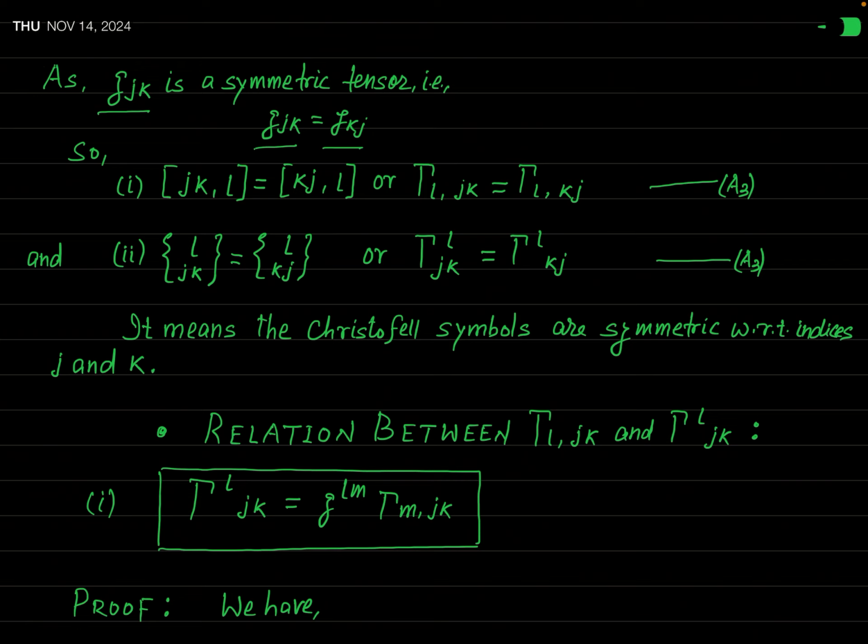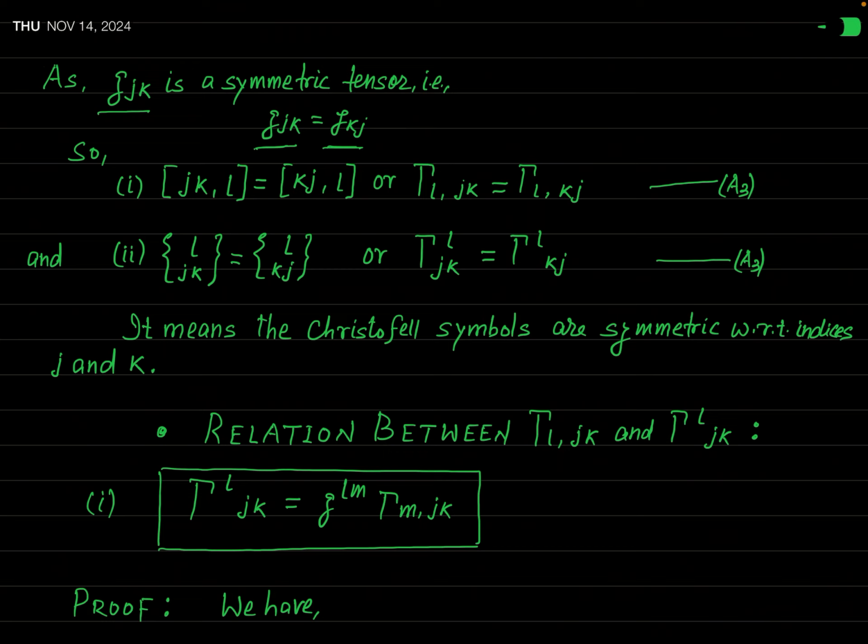When you interchange the indices, the tensor will not change. So utilizing this very symmetric property of the metric tensor, you can say that the Christoffel symbols of the first and second kind both are also symmetric in the indices j and k.